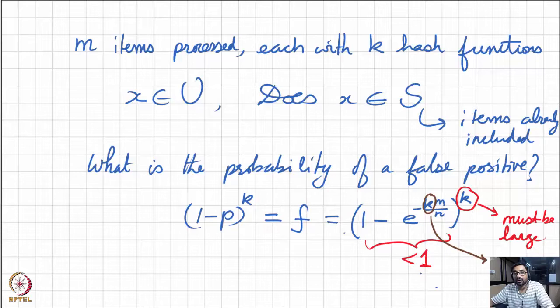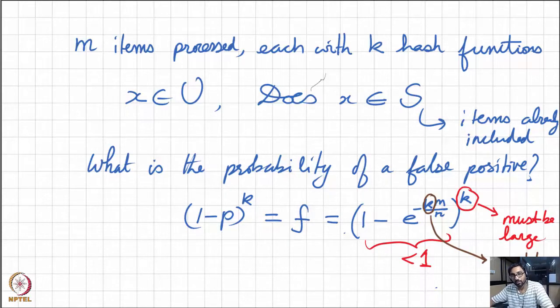And that's bad because that increases the false positive. So this k is giving us the opposing force, if you will. And to get a good false positive probability, looking at this k, we want it to be small.